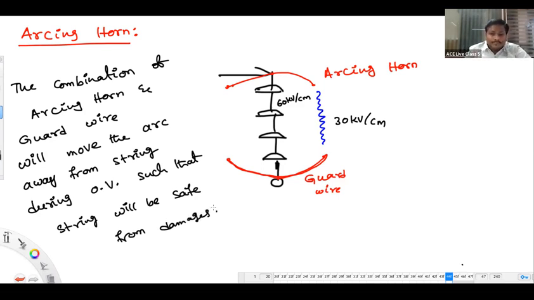Okay. So now let's take some problems in insulators, particularly string efficiency calculation problems, quickly. I'm showing in the next slide.